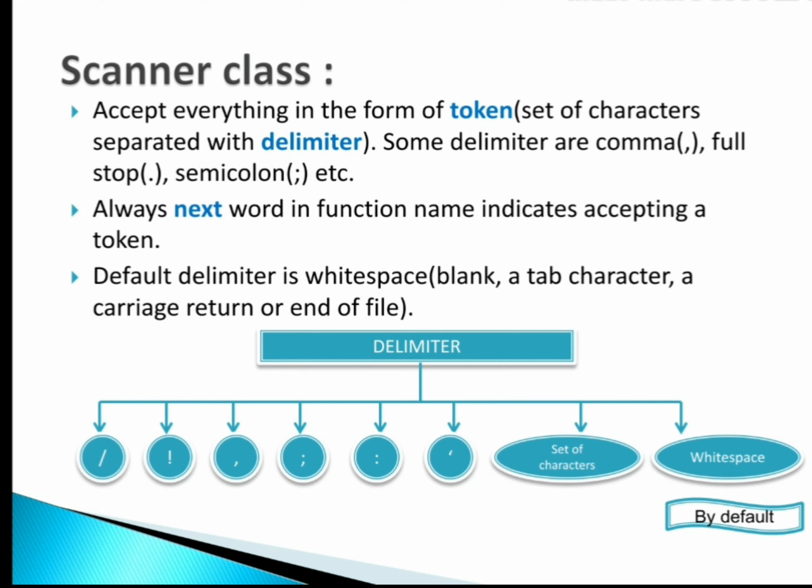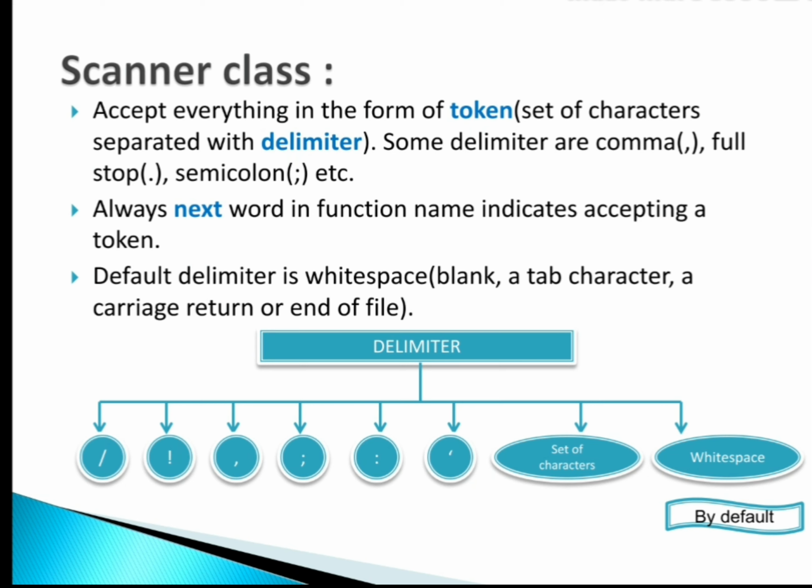And some delimiters are given here. You can use any of them. And always remember, Scanner class has functions named next. Most functions contain the word next. Next indicates a token, meaning a set of characters separated with a delimiter.